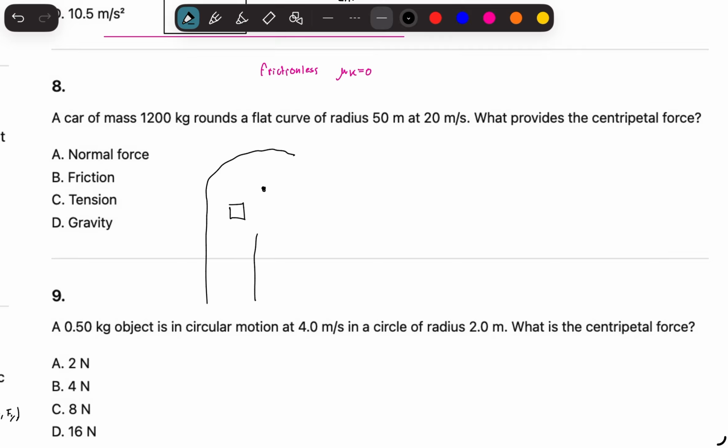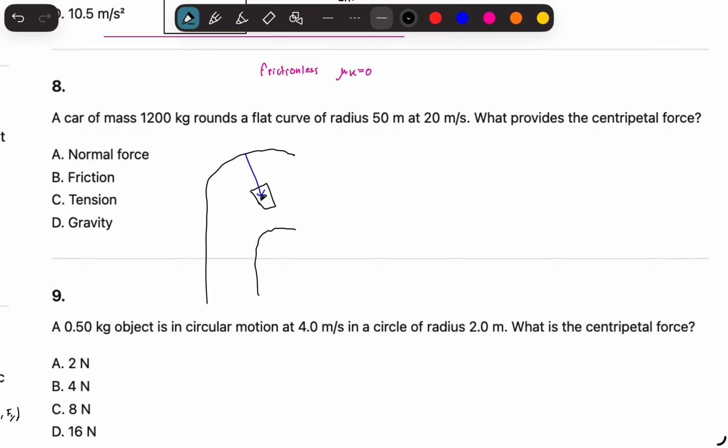That's the center. Okay, let's do the center be like right here. So what is providing the centripetal force when the person is like going like this? It's like keeping them pushing in a circle.